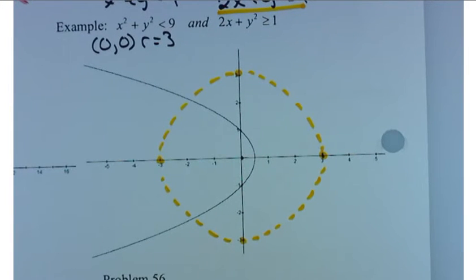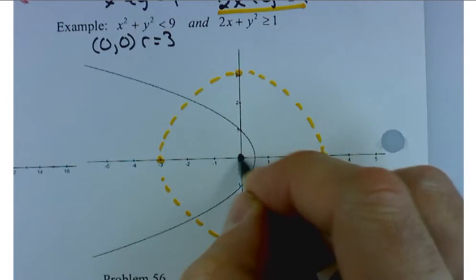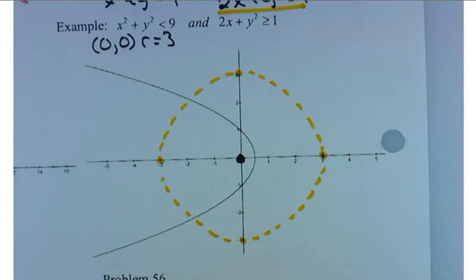Okay, so I've got my two graphs now. The next part is to decide where I want to shade. Am I shading inside, outside, and where do these shaded regions overlap? I'm going to give you a moment to try and figure that out. Can I use (0, 0) as a test point for both of these? Yes. It's not on either line, so try using (0, 0) and see what you can come up with.